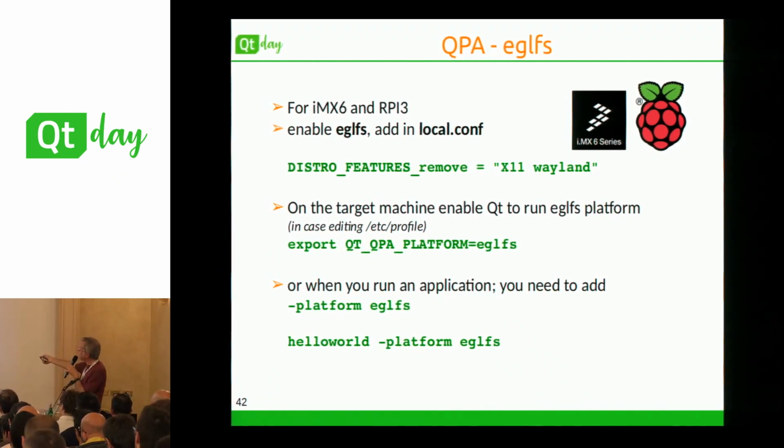And in order to enable this feature, you need to define in local.conf, which is another important configuration file of the Yocto project, that you do not want to use X11 and Wayland, because this windowing system doesn't allow the use of this graphical acceleration. Once you have built your system, you need to launch your applications on the target, specifying the kind of platform that you want to use or exporting it into the environment of the target system.